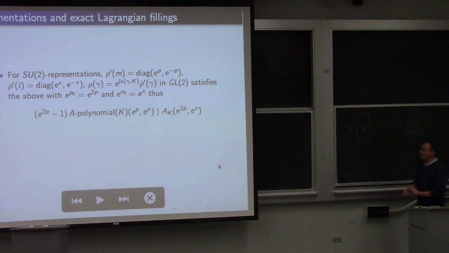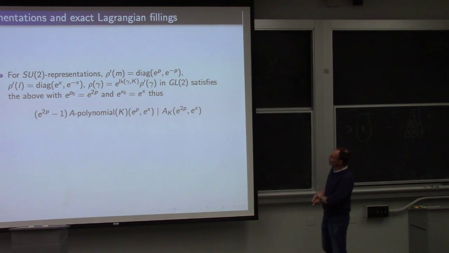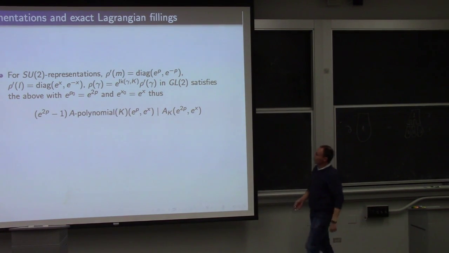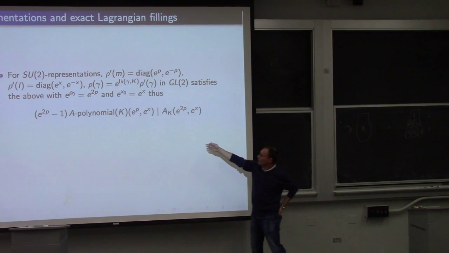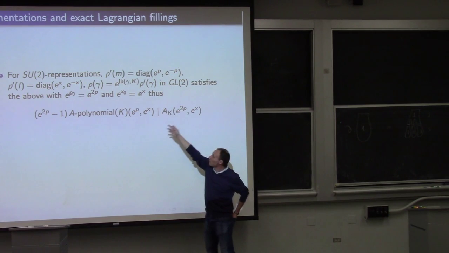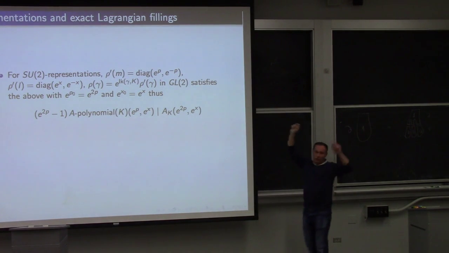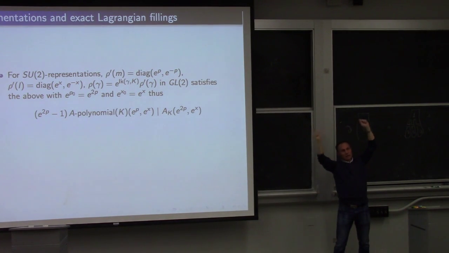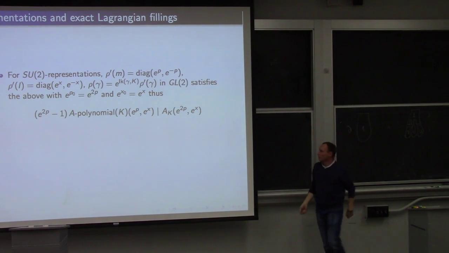What I'd like to say here is that if you play with this formula a little bit, and you take an SU2 representation, then you take the two coefficients and they give you an algebraic curve.